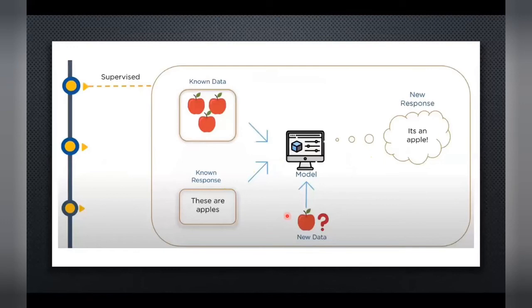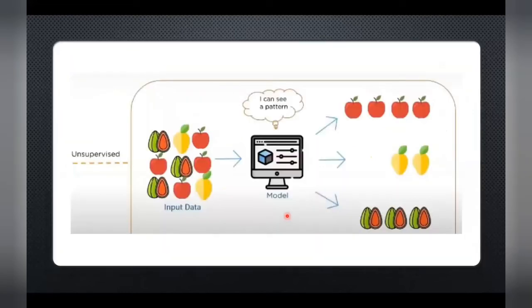And when I later send in non-labeled data, a picture of an apple, the model itself will suggest it's an apple. So this is supervised learning, where known data and a known response are fed in to make the computer learn and give out the prediction of the output from the unlabeled data. It is very simple. It's called supervised learning.